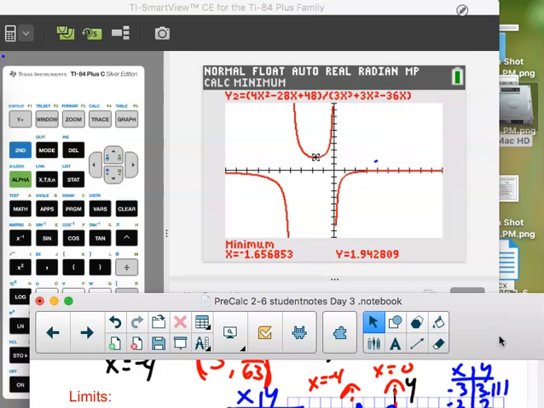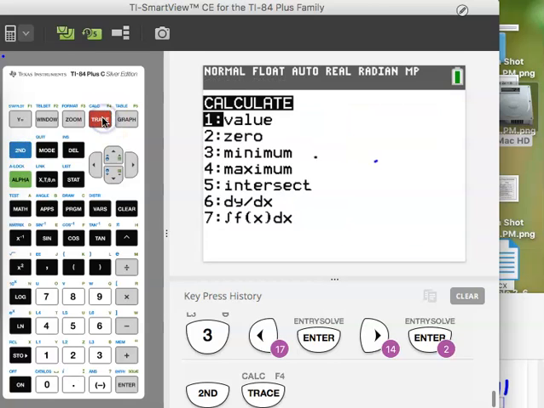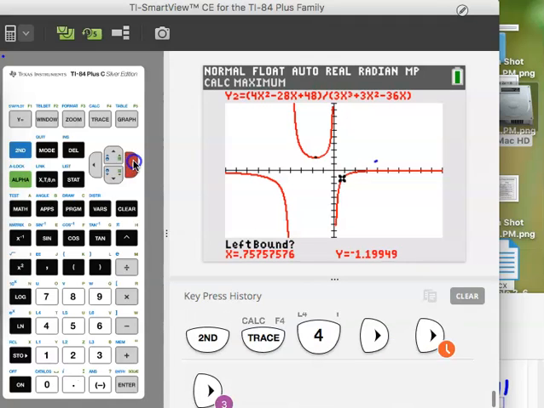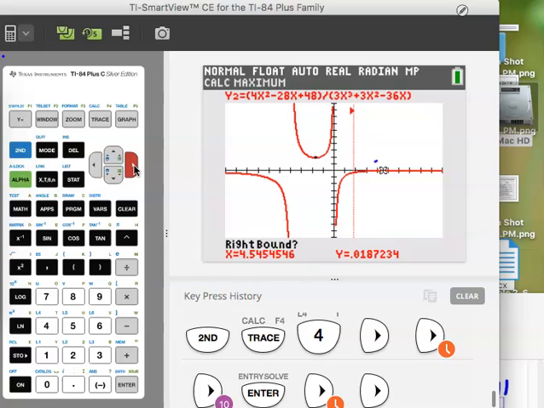So let's see if our calculator will find that for us. Second trace, number 4. And I'm going to need Blinky to jump over to that branch that's on the right side. And it's going up at this point, so I'm going to hit enter for the left. But what I want to do is watch my Y's until I see my Y's start to come down.